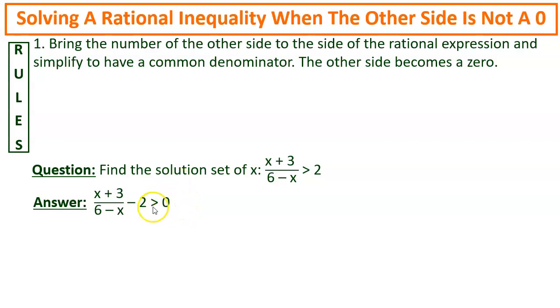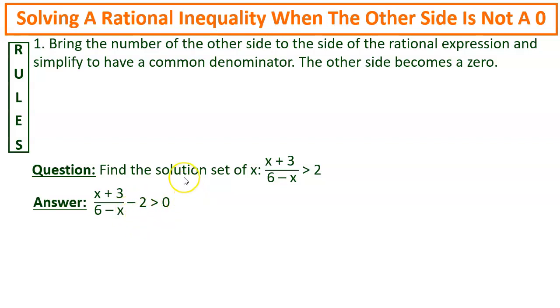The only difference with the previous inequalities is that now we have two terms on the left side. In our previous sessions, we had the 0 on the right side, but we had only the rational expression, a single term on the left hand side. Here it is 0 on the right side, but we have two terms on the left hand side instead of one.